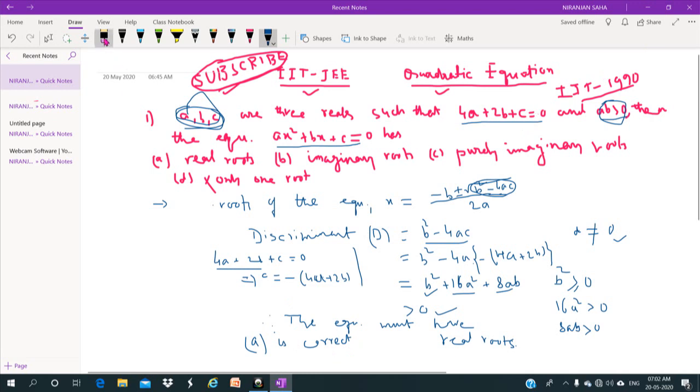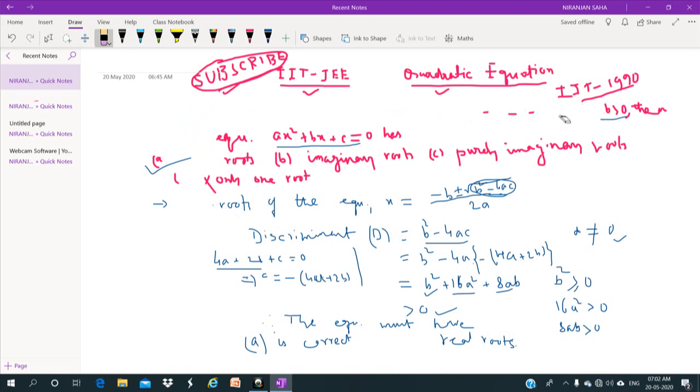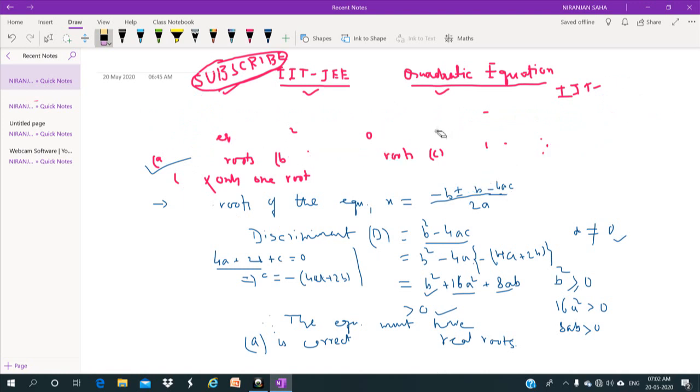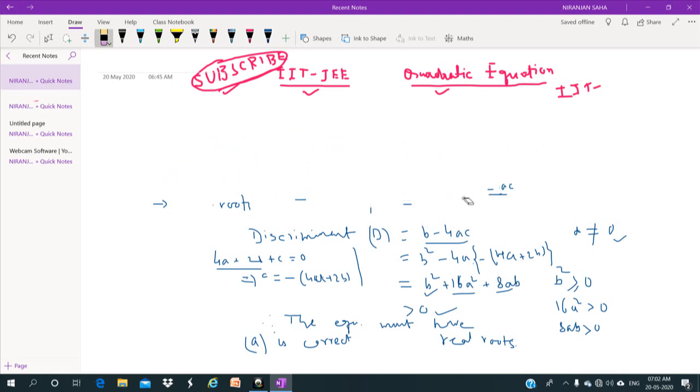Now I'm erasing. I hope you have understood this problem. I'll take some more IIT problems. You need depth of knowledge in every topic in mathematics, then you can chase IIT problems.